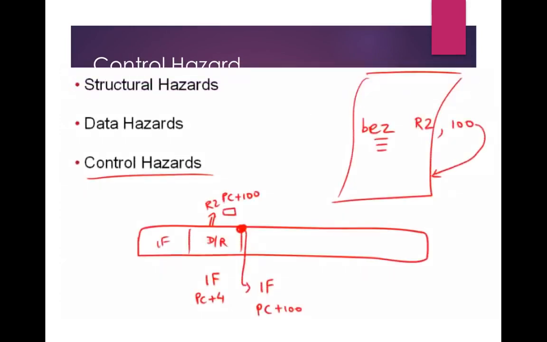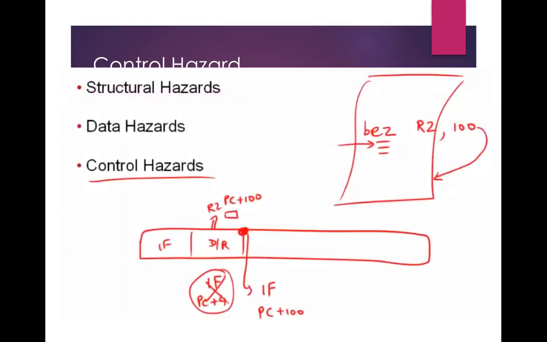Initially the second instruction is fetched as usual in pipelining, not knowing that it is a branch instruction. Once the first instruction is fetched, we fetch the second and try to execute it, but the processor has to go to location 100 because it is a branch instruction, and we learn that only at the end of clock cycle 2, right?